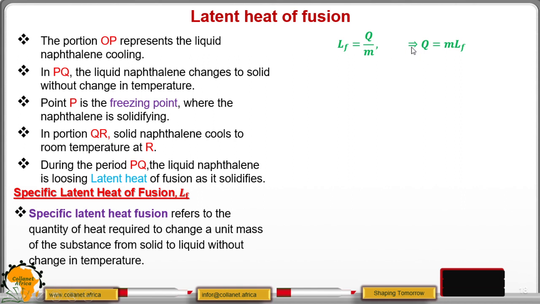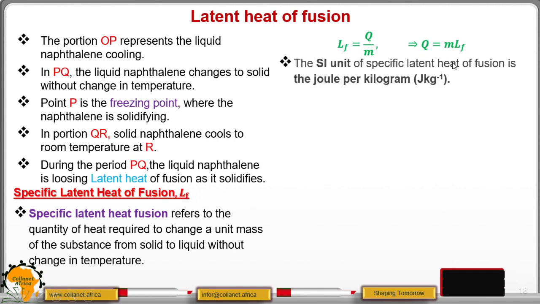Therefore, Q, the amount of energy, will be mass multiplied by specific latent heat of fusion. So as you can see, the SI unit of the specific latent heat of fusion will be joules, because of the energy, divided by kg. So it is joules per kg.